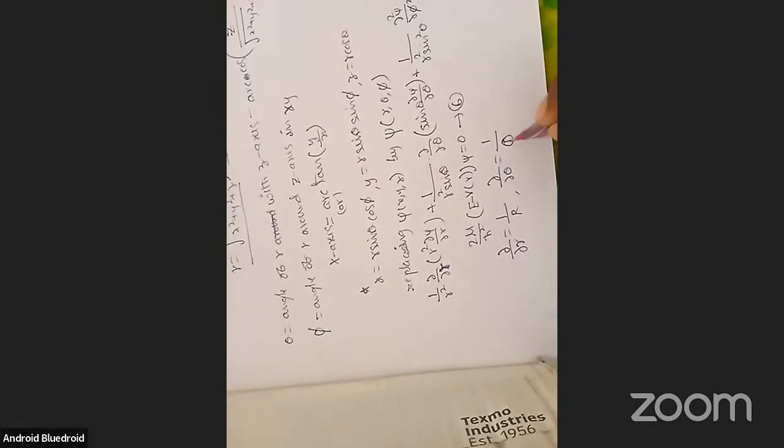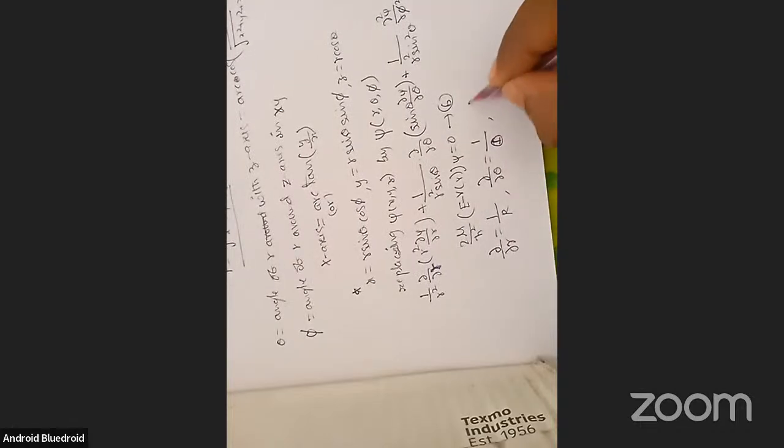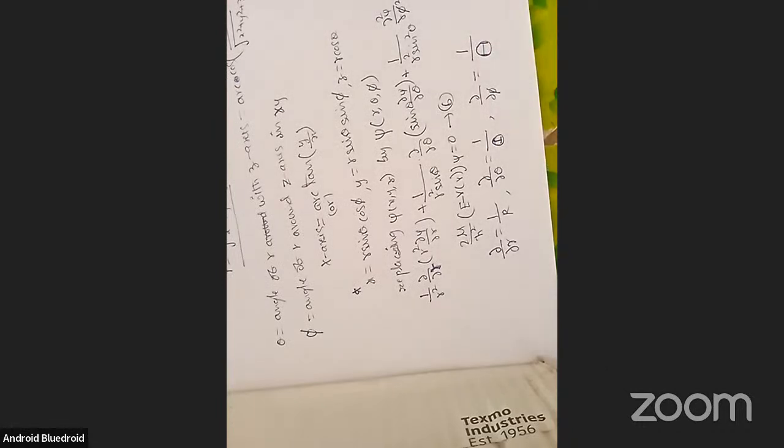This is the capital theta only. Next dou by dou pi equal to 1 by capital pi.